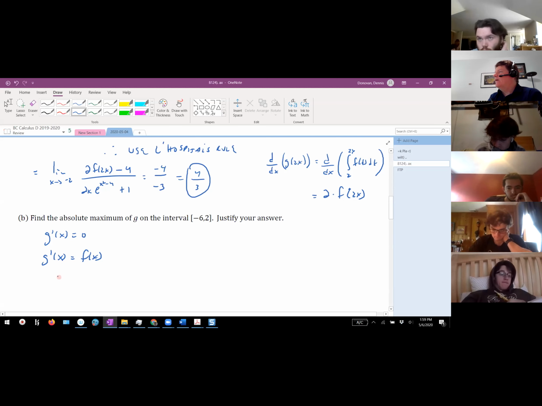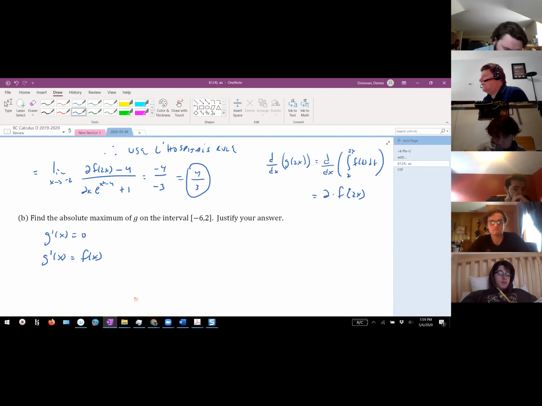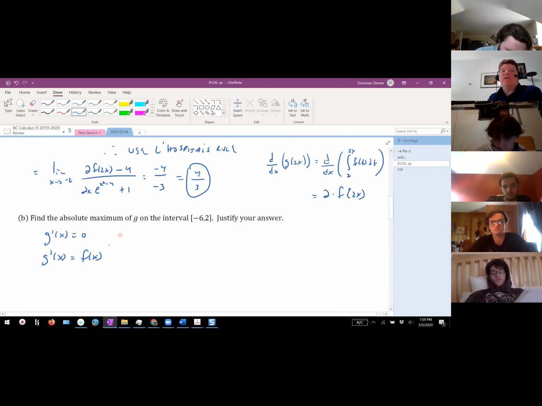If you just start telling me x values that are 0 on the graph without connecting g prime to the graph, you don't get any credit for that. You have to tell me why you are looking at the graph of f in order to find that.